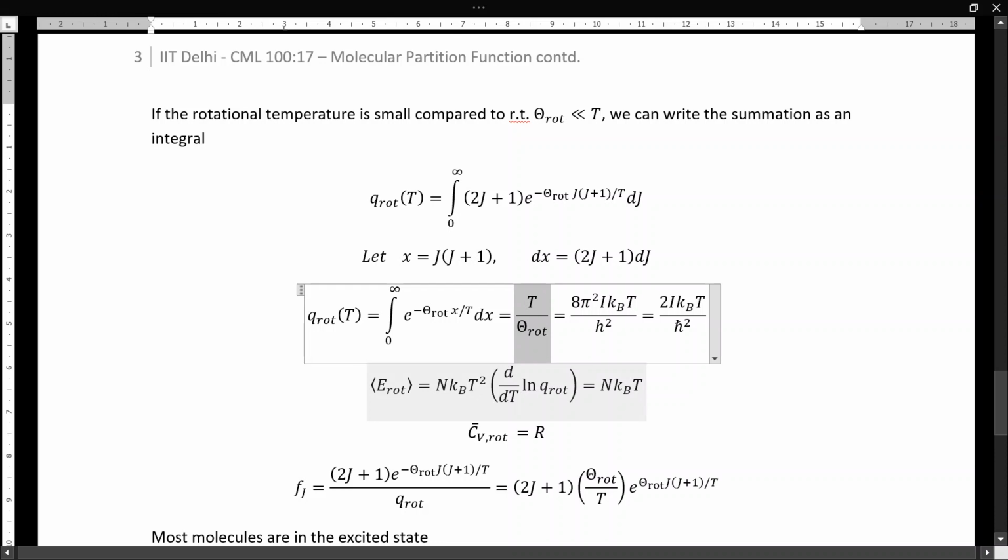Theta happens to be a constant, remember that. So dT by dT, nothing else. So N k T, which is nothing but RT for 1 mole, so the molar heat capacity C_V for rotational comes out to be R.